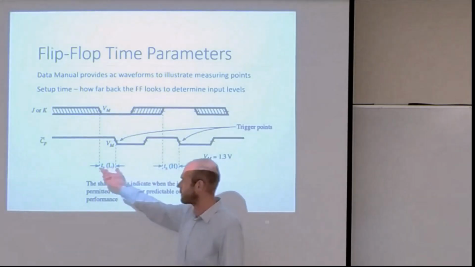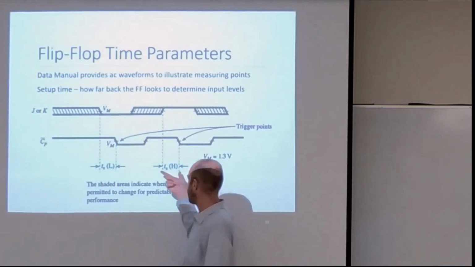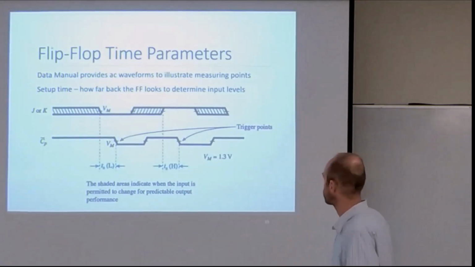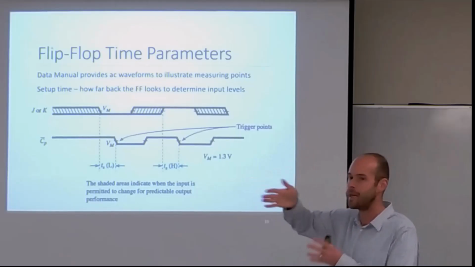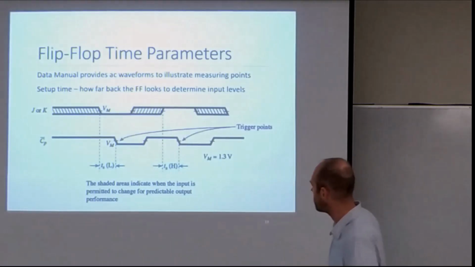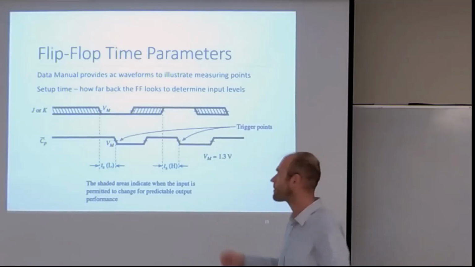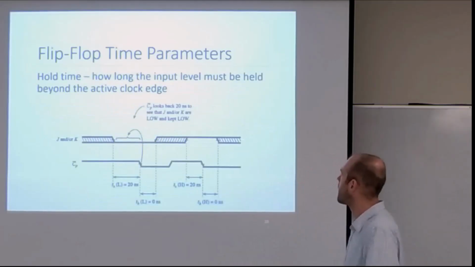And we have setup conditions that'll be given in a manufacturer's data sheet. They'll give you a setup time that is recommended for your system. So how much earlier do your inputs need to be in place before you try and use them? And the output is determined for sure. So again, setup time is to avoid race conditions.